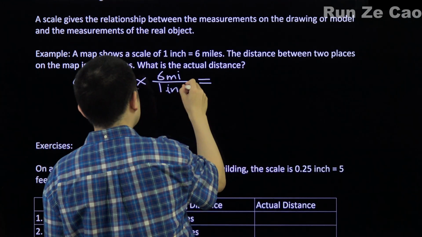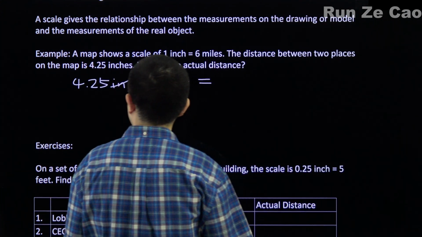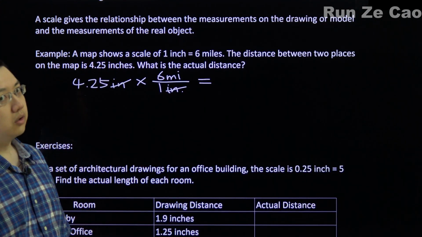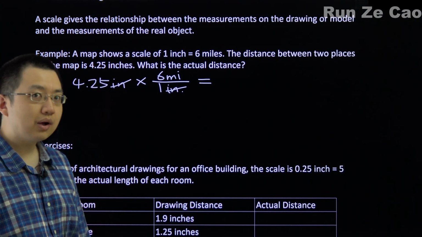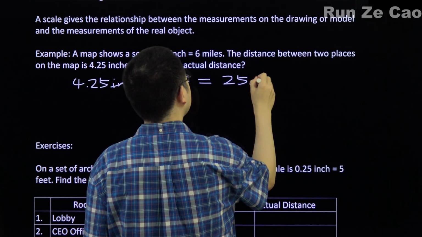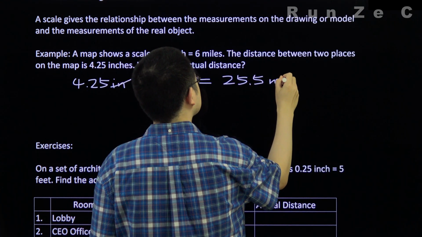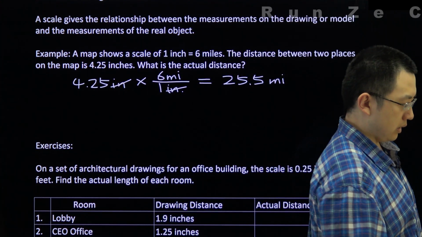The inches cancel out, and 4 times 6 is 24. 0.25 times 6 is 1.5. So 25.5 miles. Okay then.